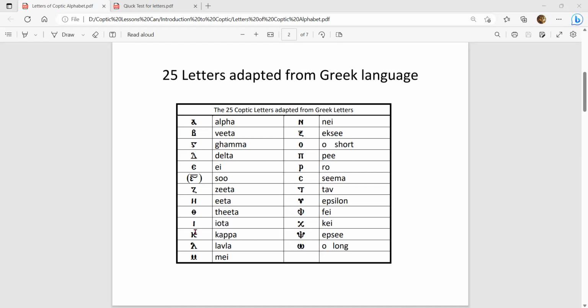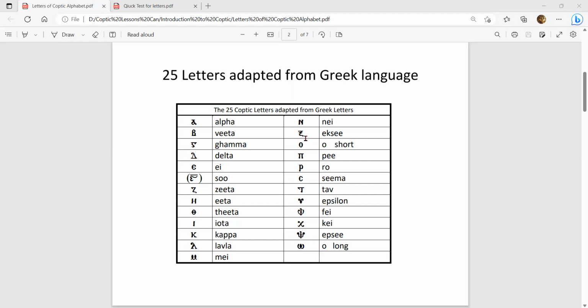Next one is iota. The one next after it is kappa. Then lavla. Then me. Go to the top right again.